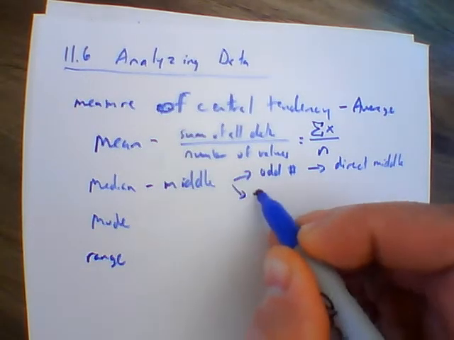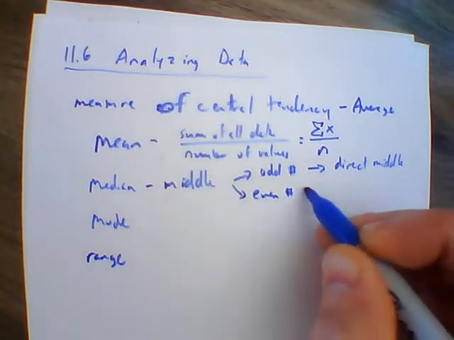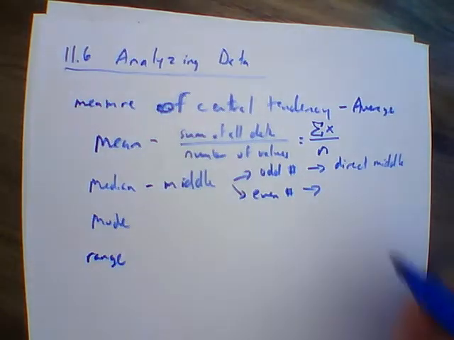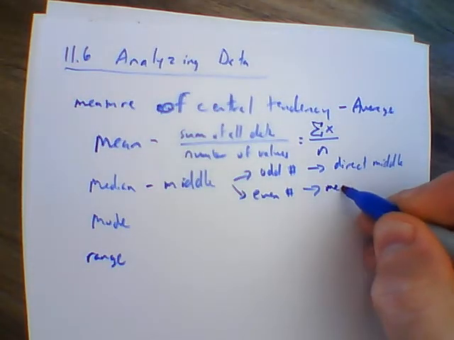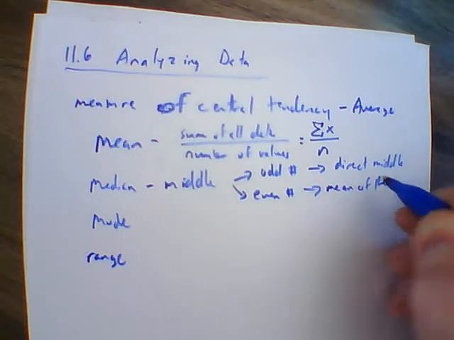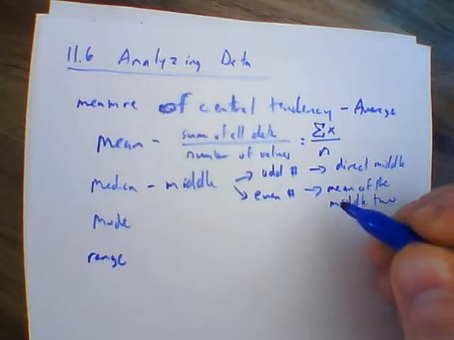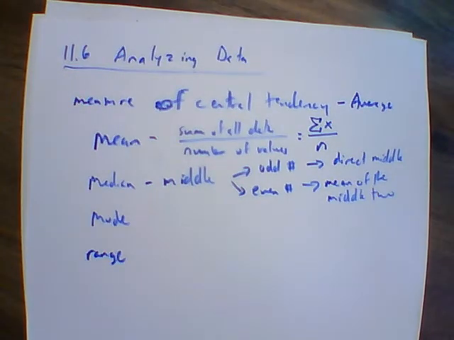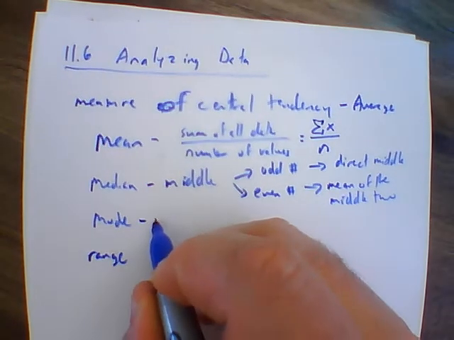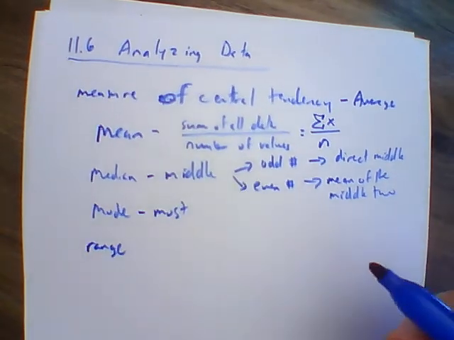Now, if we have an even set of data, this means that we will have to take the mean of the middle two numbers. So basically we'll have to find the middle of the middle two, and that'll be our median.